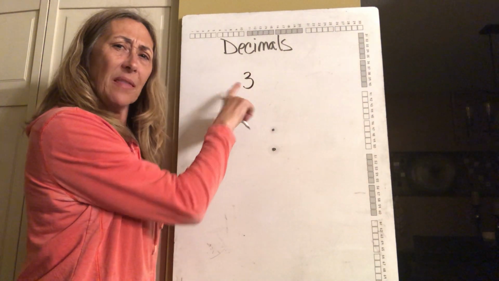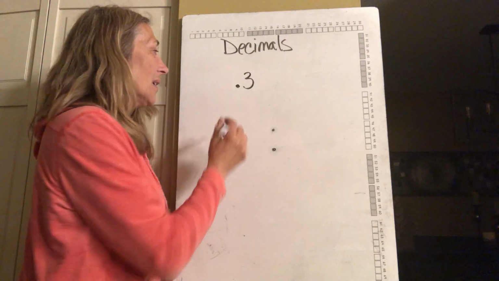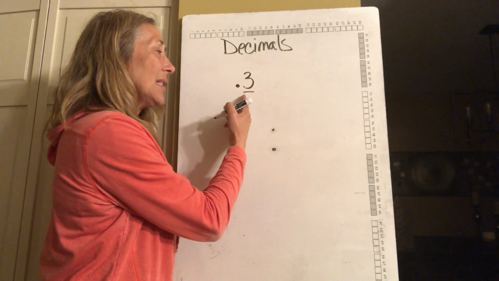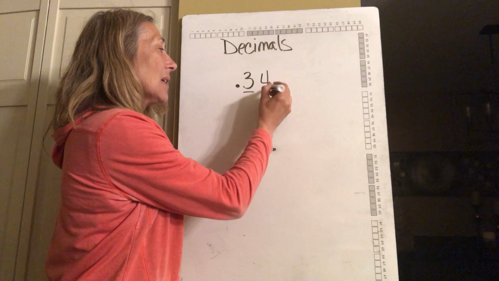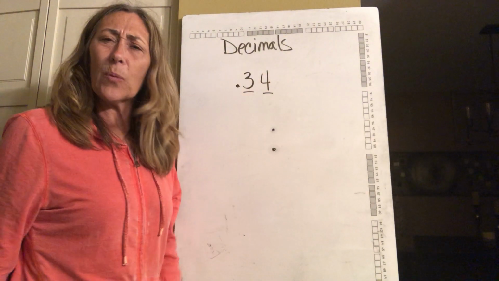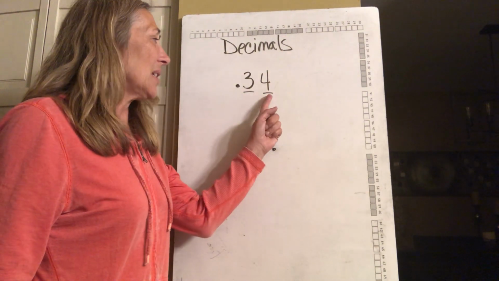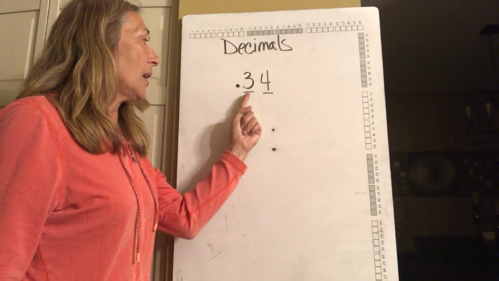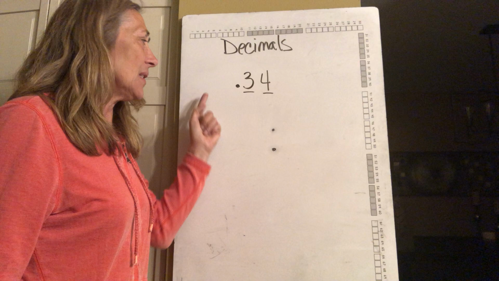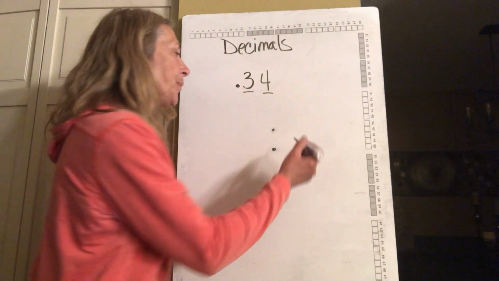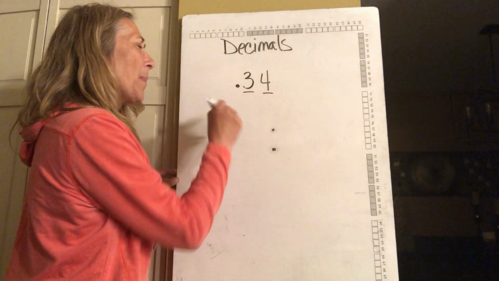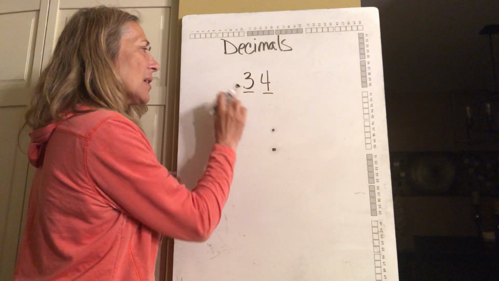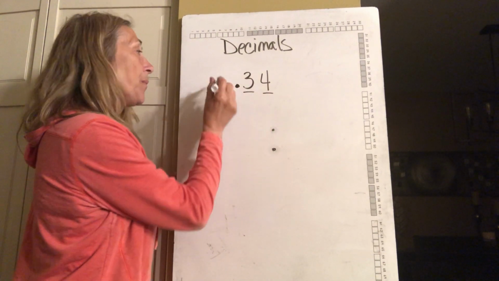This place is tenths. This place is hundredths because it takes 100 of these to make one whole. It takes 10 of these to make one whole. It's almost in the opposite direction because this is less than a whole.